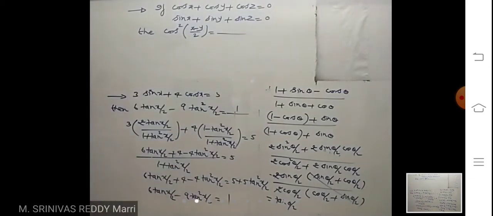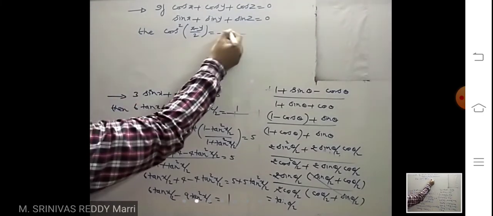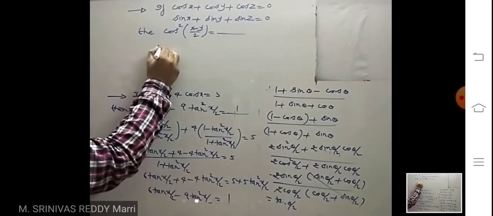Numerical value of cos square x minus y by 2. So numerical value means constant.